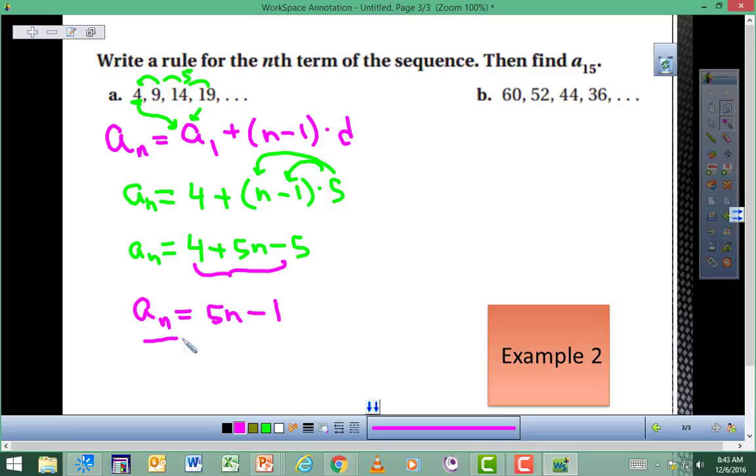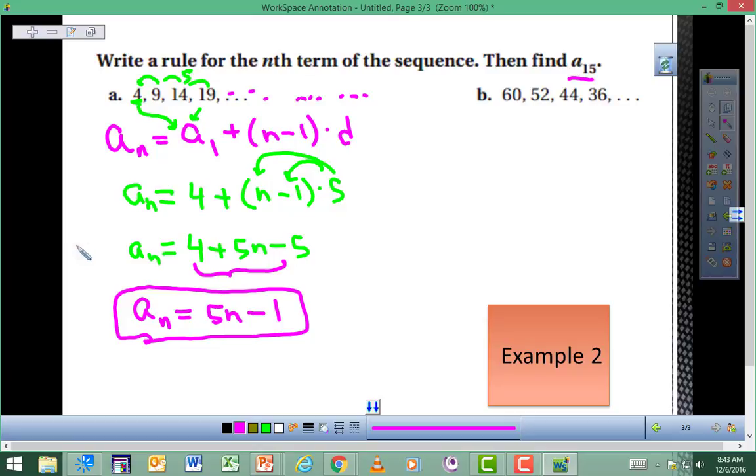Okay, so we see how that works. There's the general term. What's kind of nice about this is that once we have the general rule, we can find the 15th one. We don't have to list them all out. Does that make sense? Why did you do this first? Because not all sequences are arithmetic.